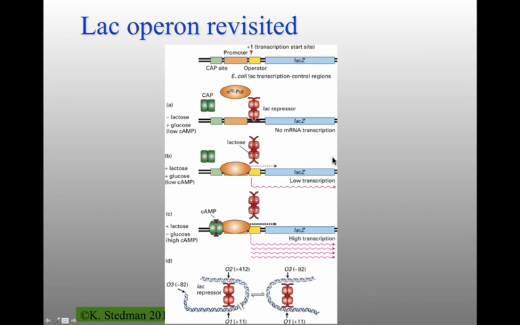So this is great, but there's also a potential issue if you have no glucose around and also no lactose, that you really want to make sure that this whole thing is completely shut down. You'll notice that there's a couple of extra tails hanging out on the lac repressor over here. It turns out that there's another operator site that the lac repressor can bind to that is 400 base pairs downstream, plus 412, and another one which is 82 base pairs upstream.